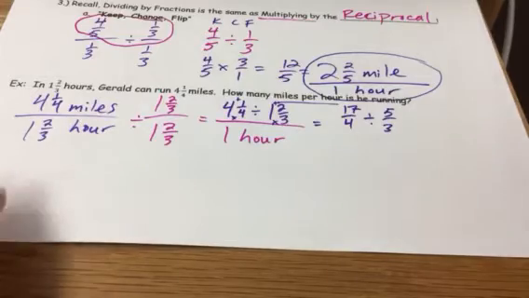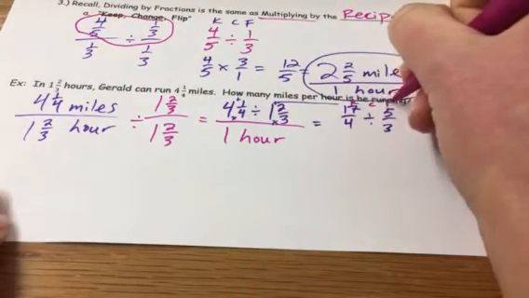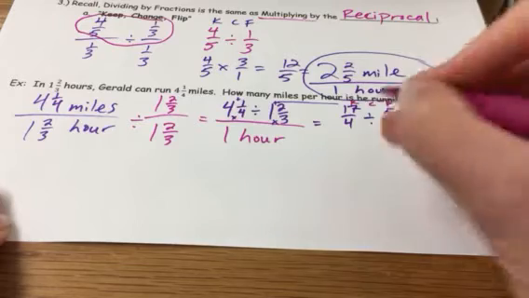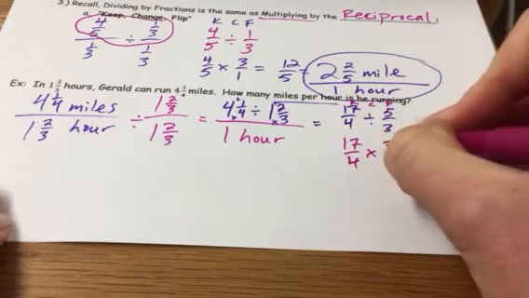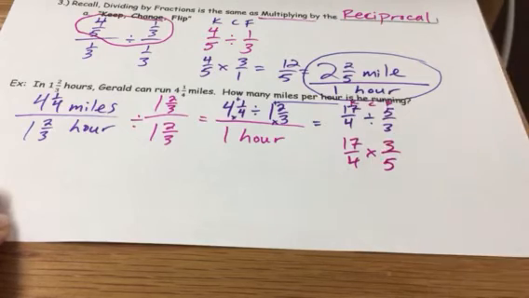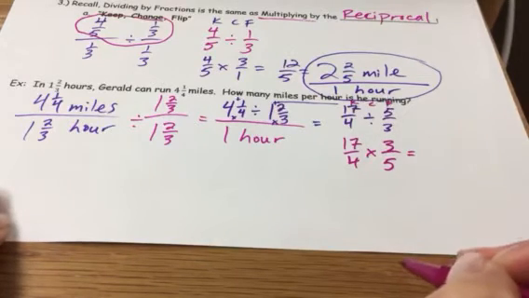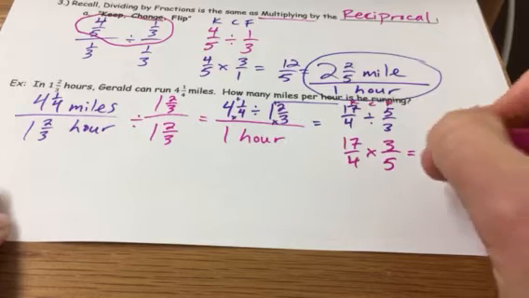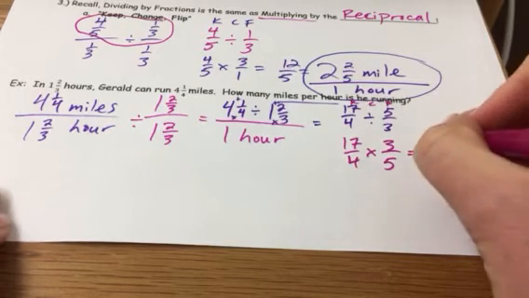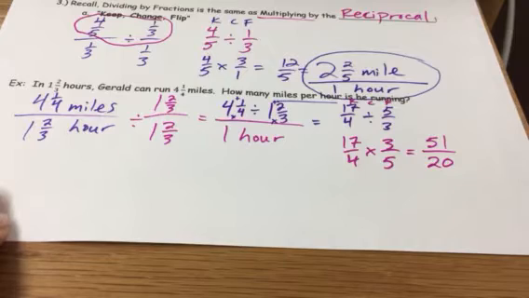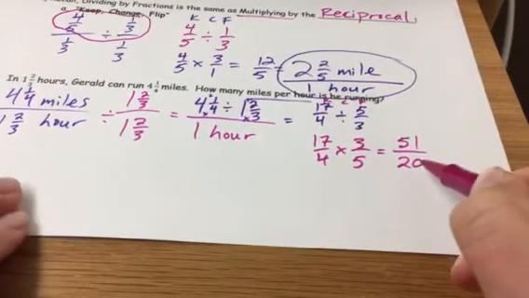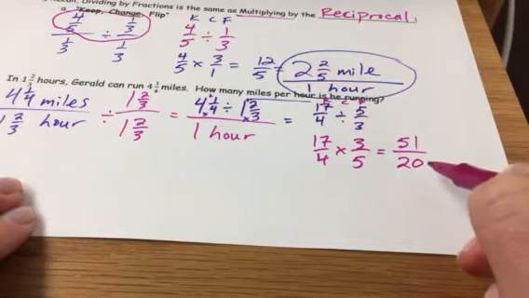In order to solve fraction division problems, we make it easier by multiplying: keep, change, flip. So this is going to be 17/4 times 3/5. I'm going to multiply straight across because I can't cross simplify. 17 times 3 is 51, and 4 times 5 is 20, so 51/20.